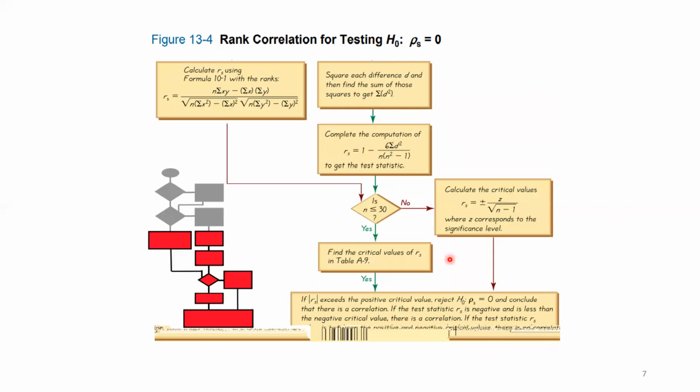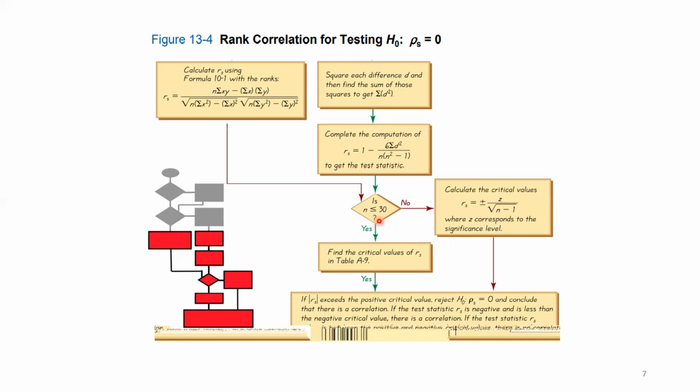Okay, now we are in the second half of our flow chart. We already discussed the first steps, these two. Let's see, complete the computation. If the number of observations is less than or equal to 30, what can we do?